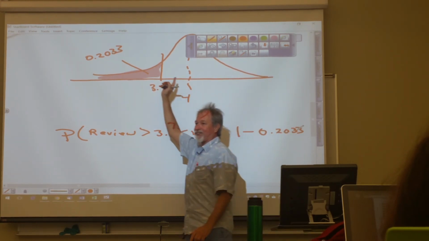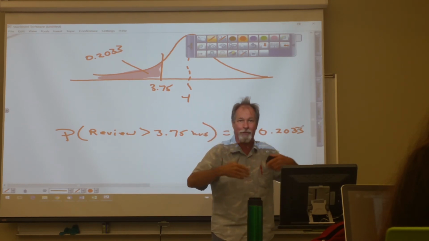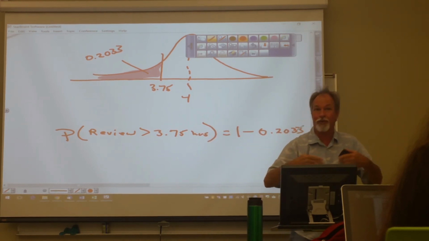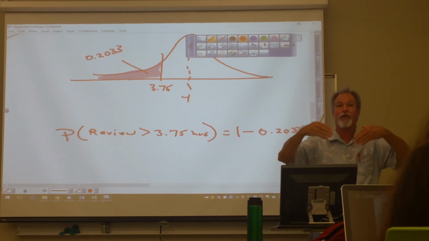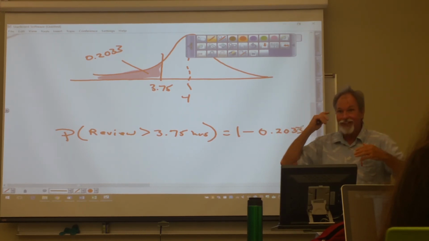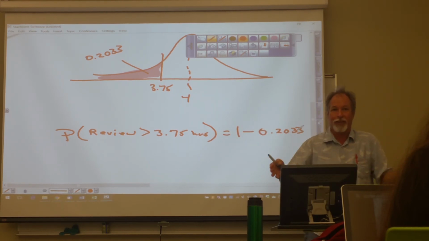Why 1? Because remember, the area under the curve is 1. So if I know the area to the left, remember we were looking those up with the z table and calculating probabilities. And remember I said we were going to be doing this over and over again. This is where these start to come in, in how we work with samples.